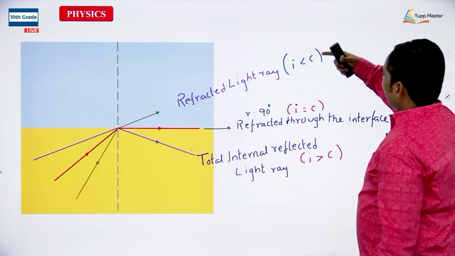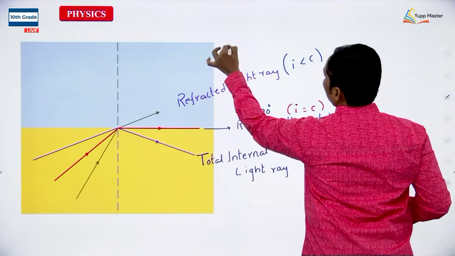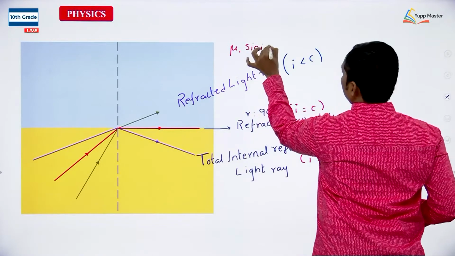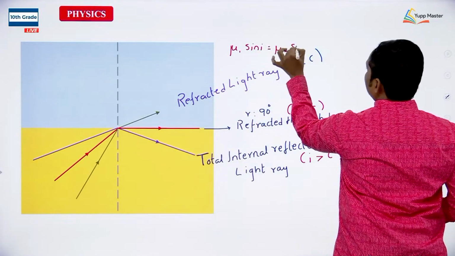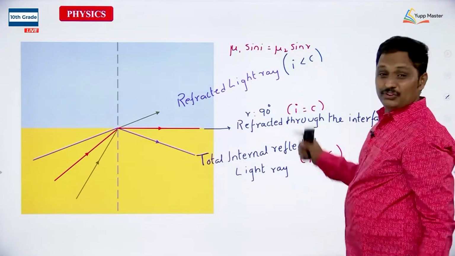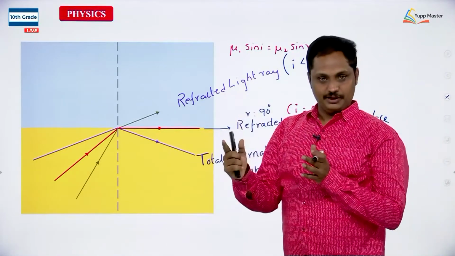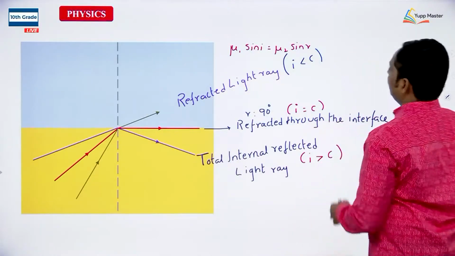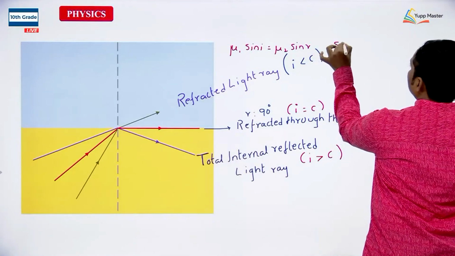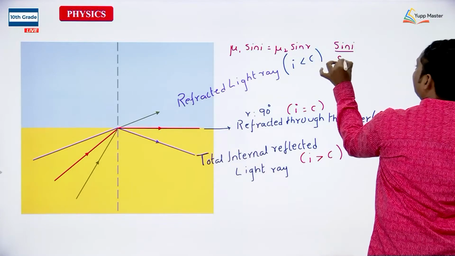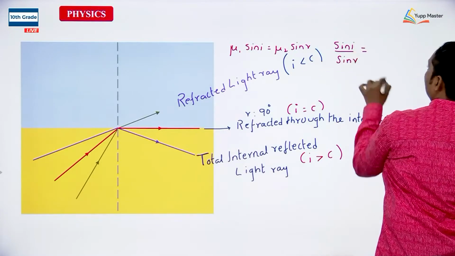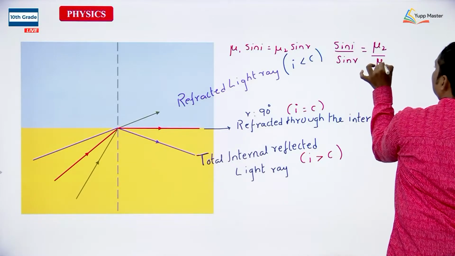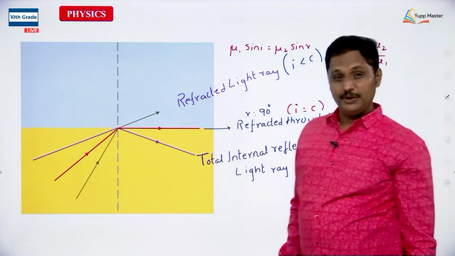So when it has been refracted, we can apply Snell's law, that is mu1 sin I is equal to mu2 sin R. Mu1 is the refractive index of the first medium and mu2 is the refractive index of the second medium. Alright. Now, you can easily find the angle of incidence and angle of refraction by knowing the speed of light in the 2 media.